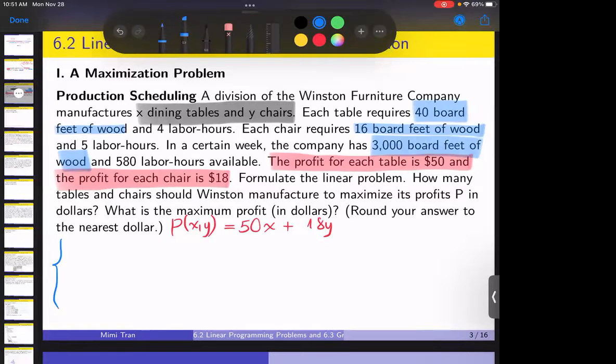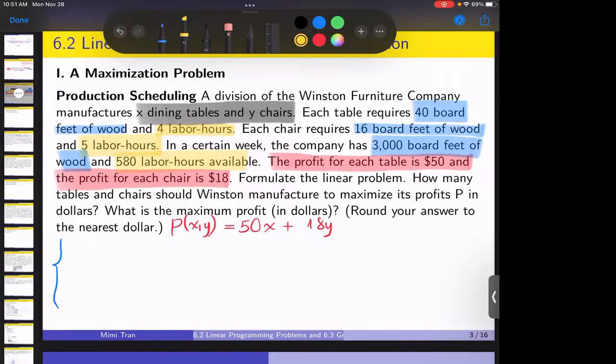Now let me highlight another one. For the table, it requires 4 hours of labor, and for the chair, it requires 5 hours of labor. And how much time do you have? Yeah, 580.